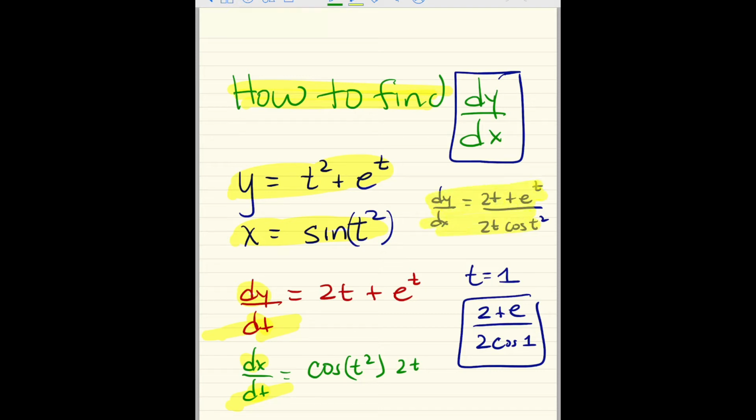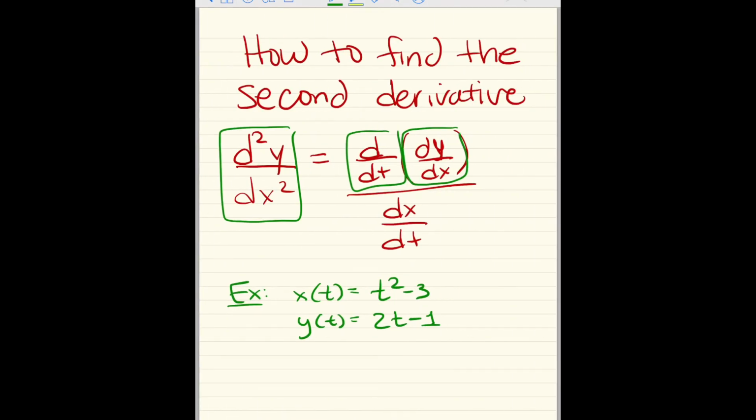So, because it's in terms of t, you're going to take the regular derivative of the first derivative. However, and again, I can show you this in the proof video, you have to divide it by the derivative of the x. So in this example here, x prime of t is 2t. The derivative of this person is 2.